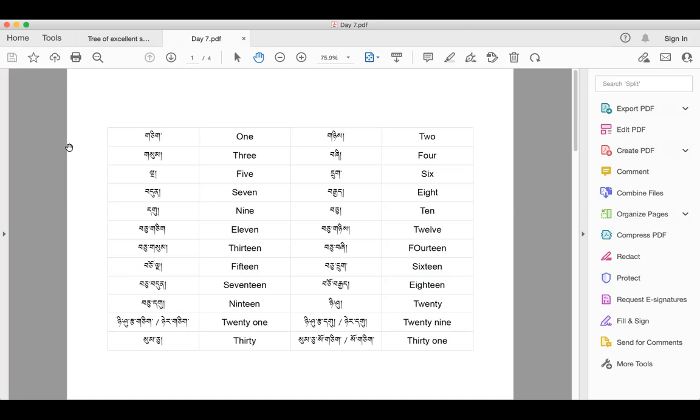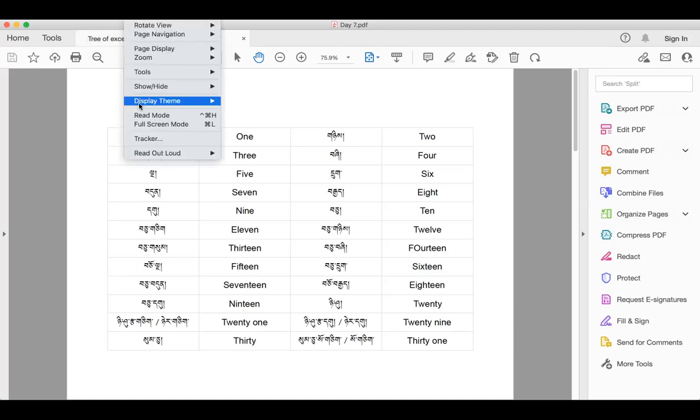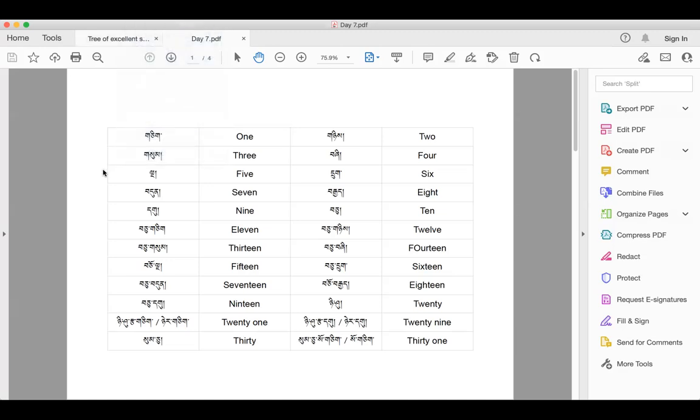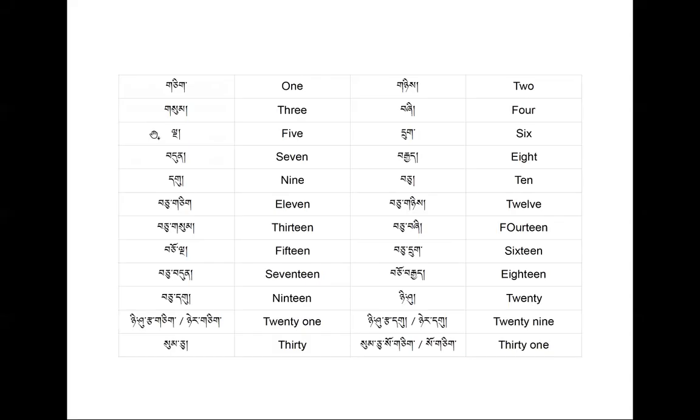So in either way, this becomes a revision to every one of you. And those who are studying this for the first time, this is a new lesson to you. So the first one is chik, which means 1.